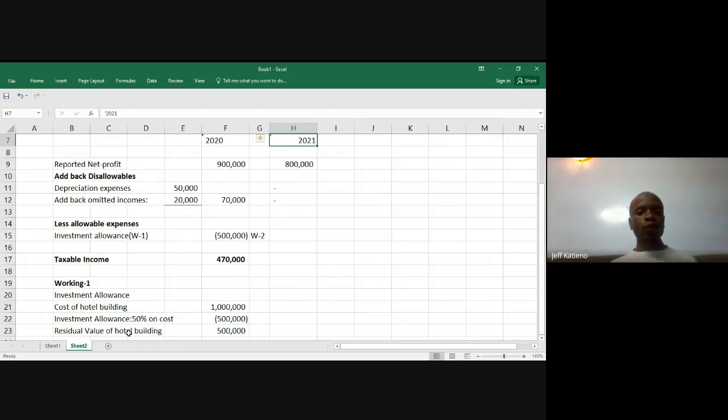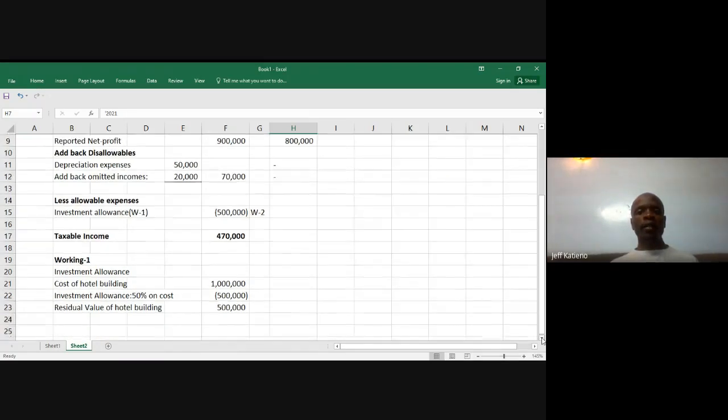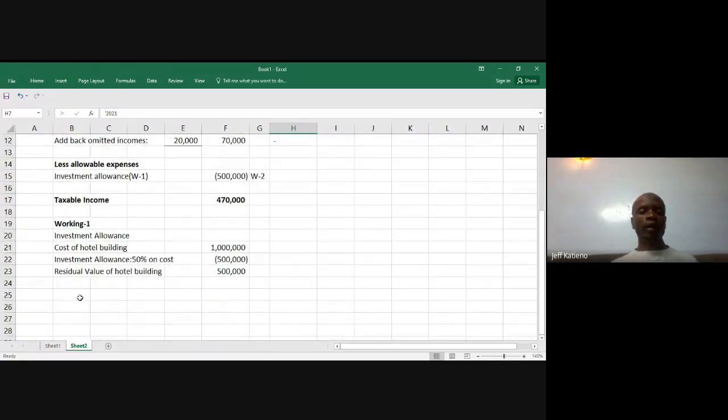Residual value is what we're going to work with now, because it is 25% on the residual value. So for 2021, we will have working two here. We'll have residual value brought forward of 500,000.